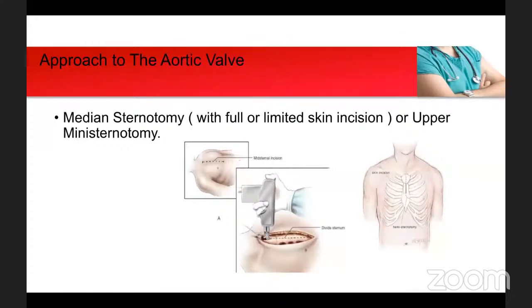Moving to the surgical techniques and approach to aortic valve replacement, starting with the incision. Usually it's a median sternotomy, either full or with a limited skin incision, or in minimally invasive AVR an upper mini sternotomy, or J incision. Right anterior thoracotomy is another alternative for minimally invasive AVR, which will be discussed in another session.